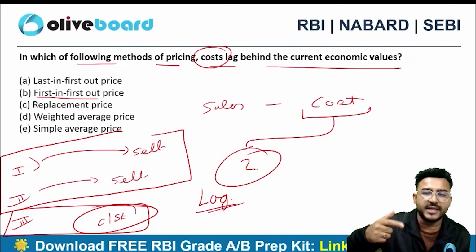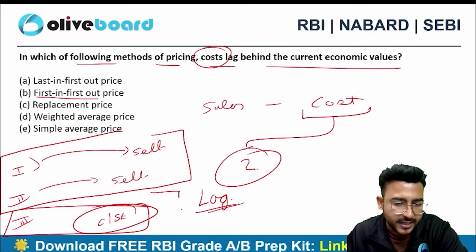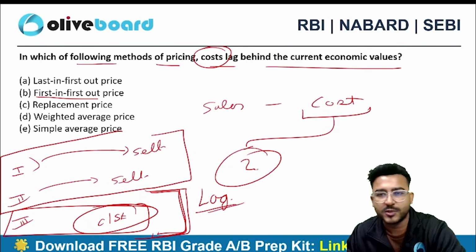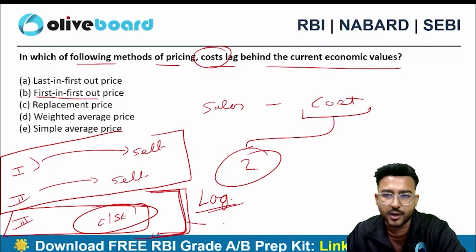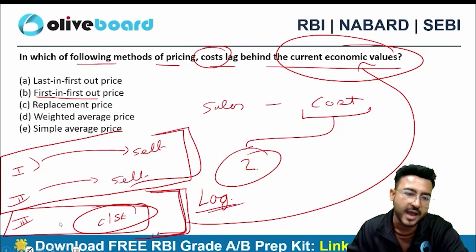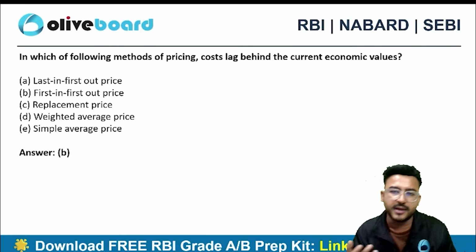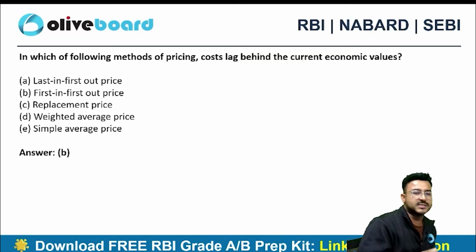The cost will definitely lag. Why? Because the latest lot, lot number 3, was my latest lot, which is in accordance with the current economic value, but the earlier lots that I have bought are lagging behind the cost, and that's why the correct answer here will be first in first out.